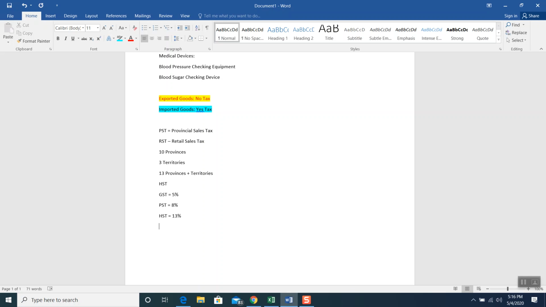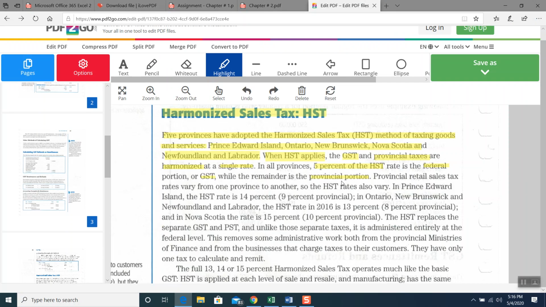The answer is wrong. Reason why? Because as it mentioned here, instead of doing separate 5 and 8, in Ontario we are going to consider only HST at 13%. We don't divide the 5 and 8% into two different portions. As it says here, it becomes harmonized as a single rate. Provincial sales tax rates vary from province to province, so the HST rates also vary, right?